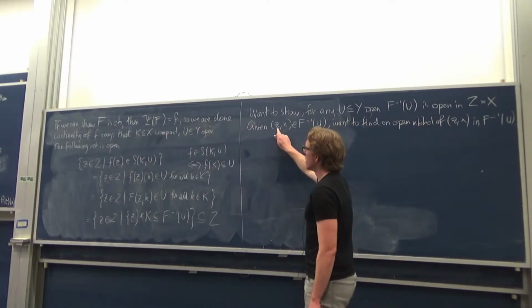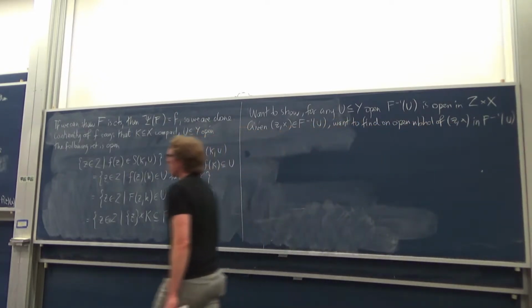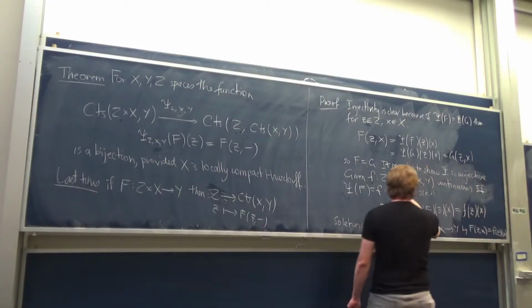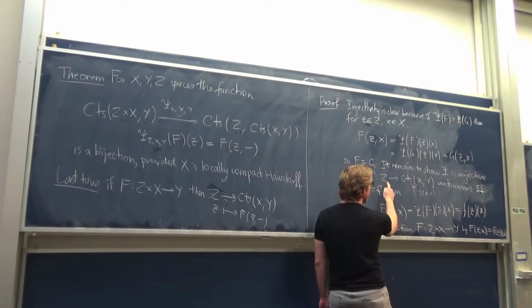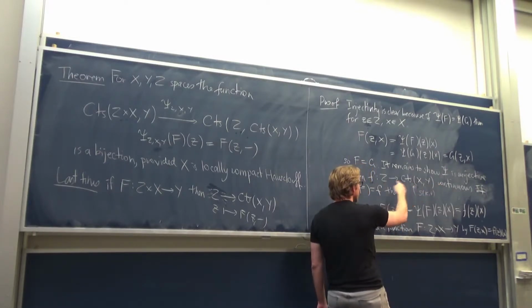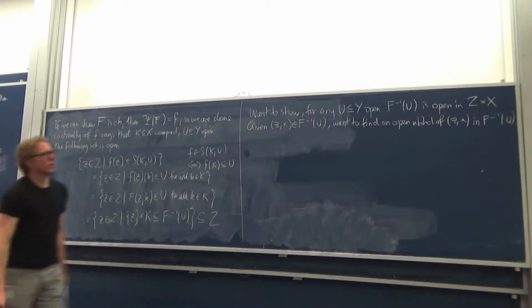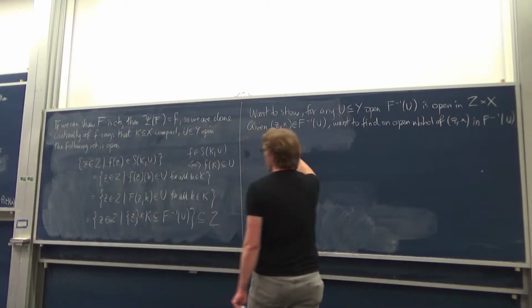Well, here's where we maybe think to use the other piece of information we have, namely that for every z, in particular for that z, the image under f of z is a continuous map. So z and x are now fixed.